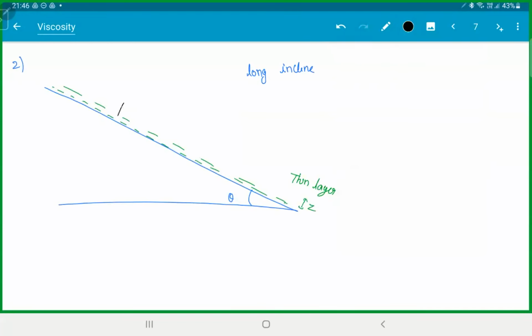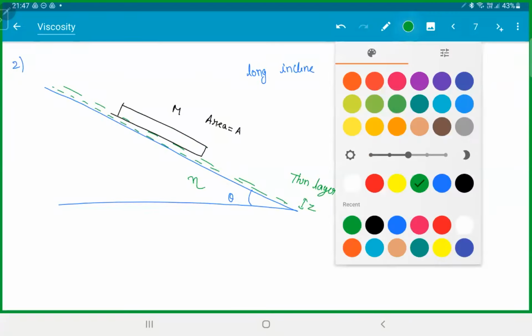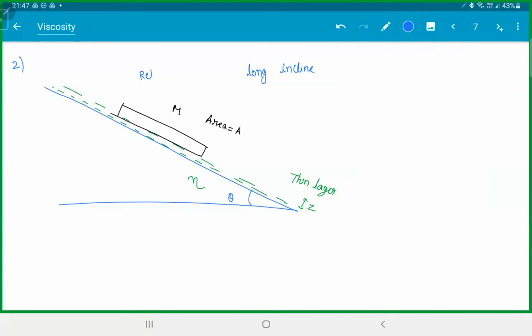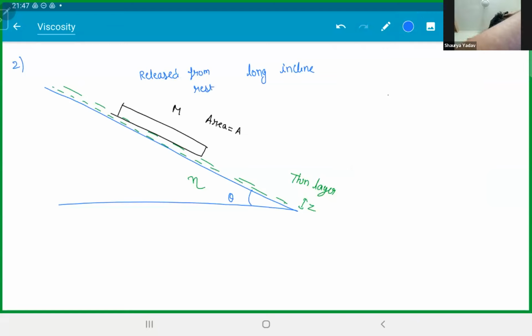On top of this layer, you have a plank, mass M, area A. Viscosity of this liquid is eta. Initially released from rest. So what will happen? This will slide, the plank, right? Yes. Find velocity of the plank as a function of time t.